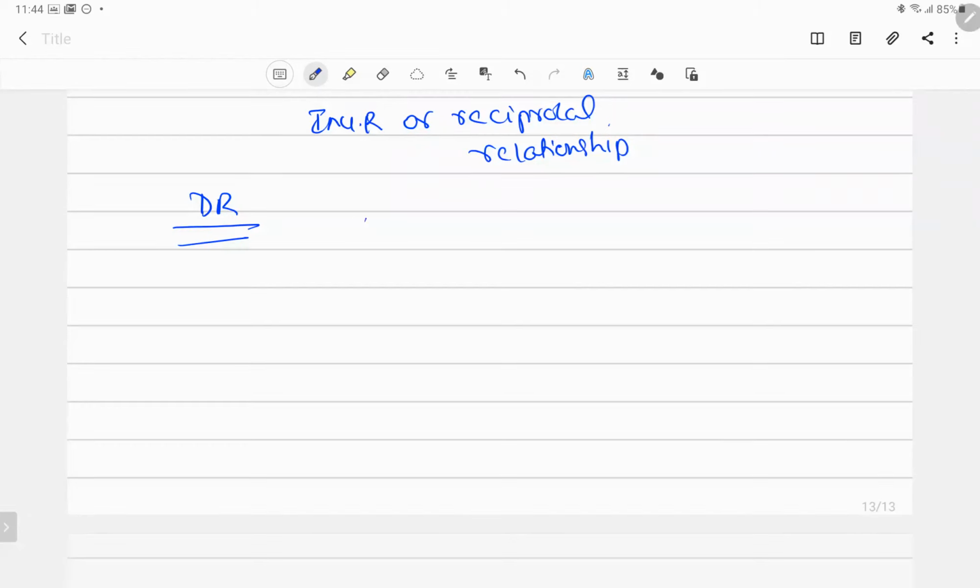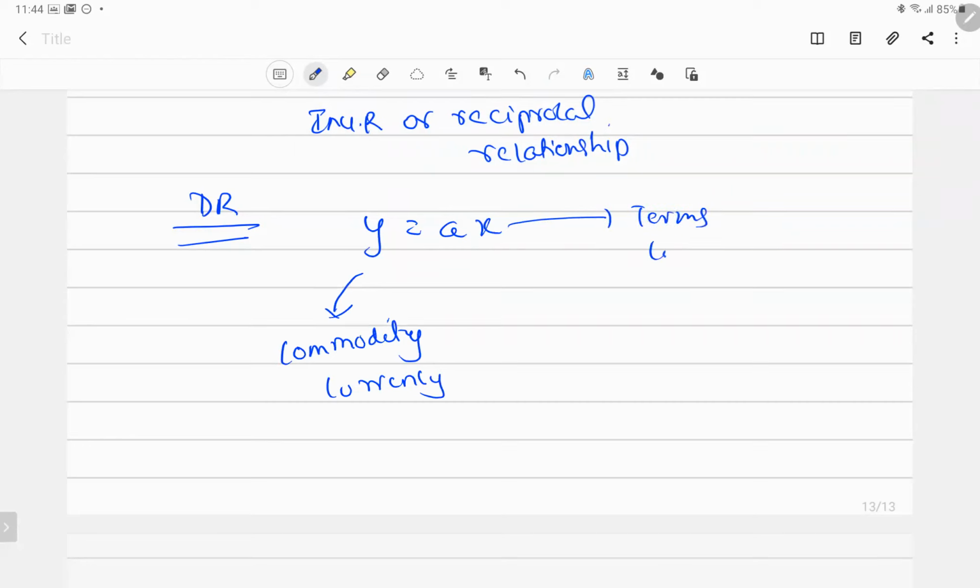Suppose we have y equal to ax, where y is the commodity currency, x is your term currency, and a is your exchange rate.